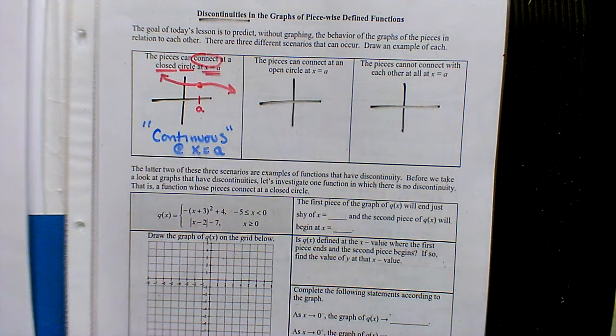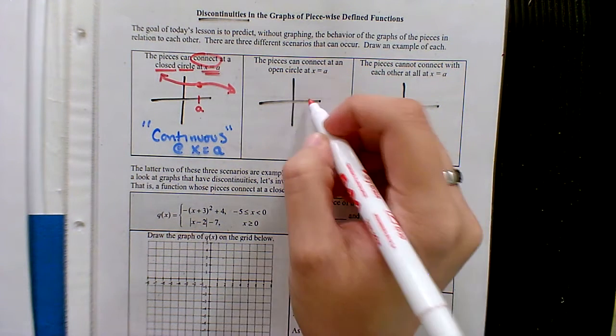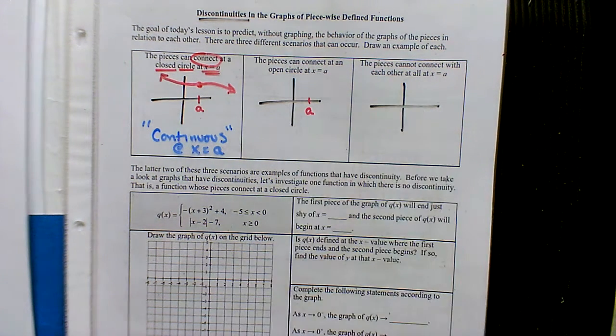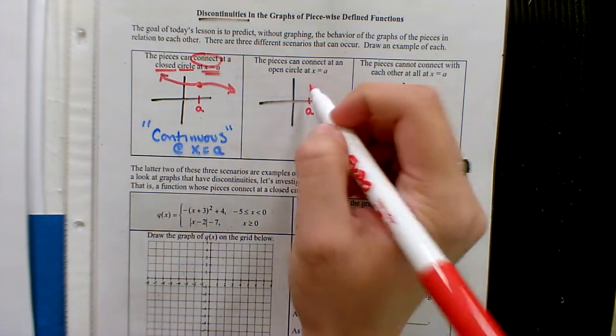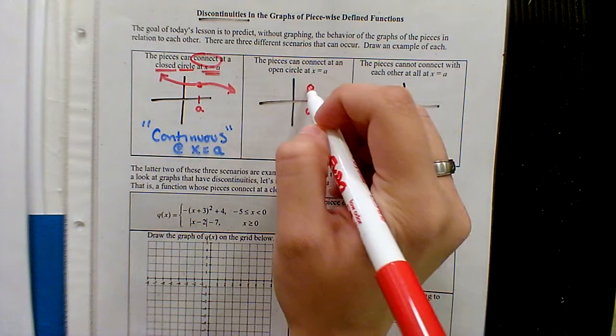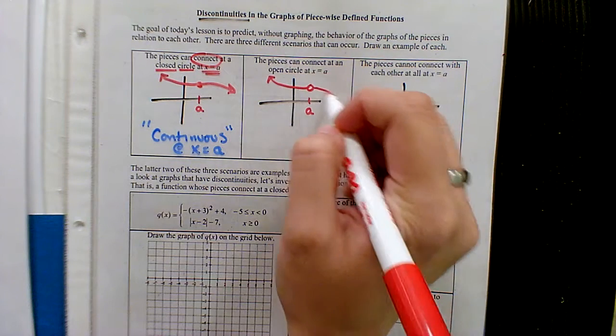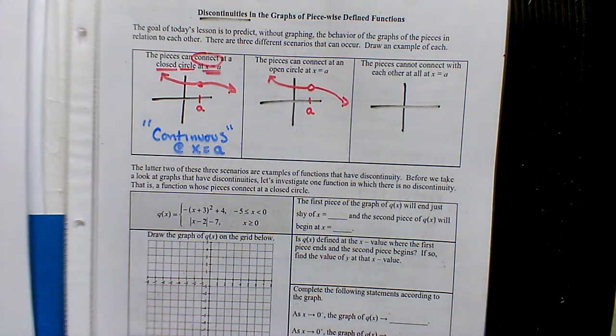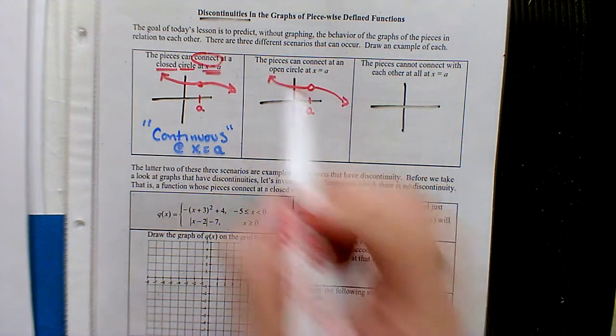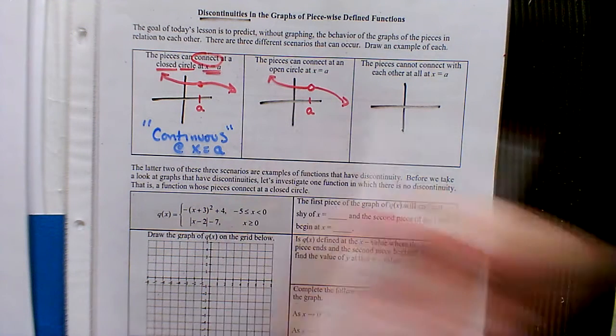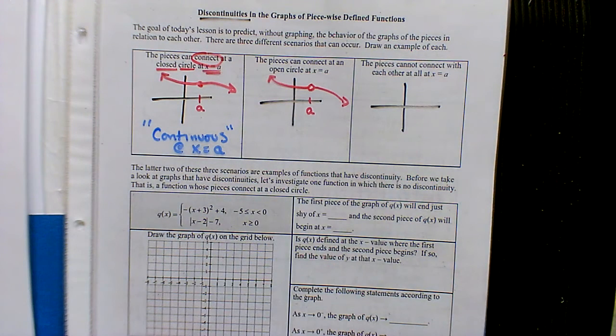We're going to take a look at some other cases though. The middle one, let's say we have that same x location. The pieces connect at an open circle. If you were to draw the graph from left to right, would you be able to draw that graph without lifting up your pencil?